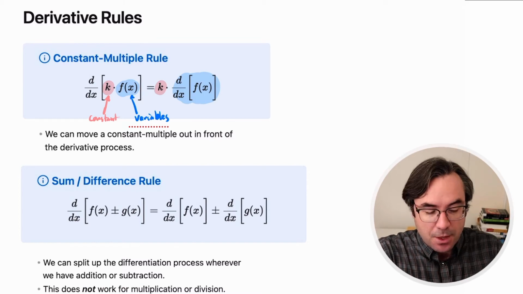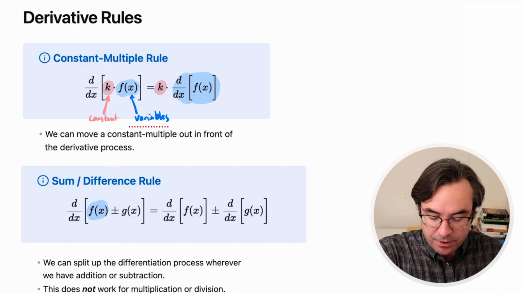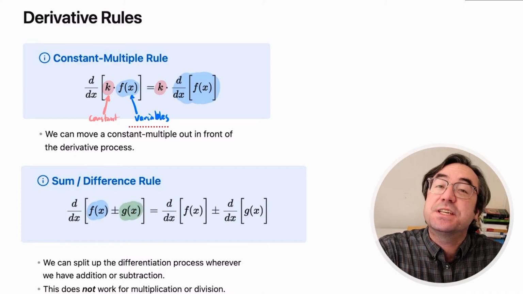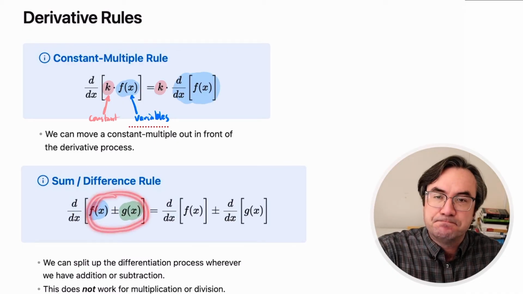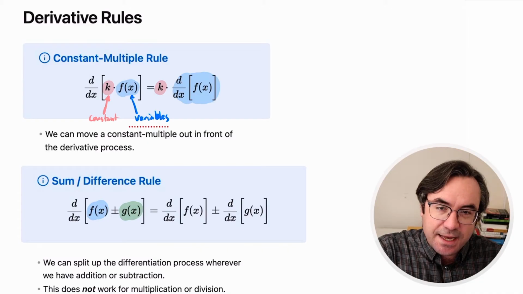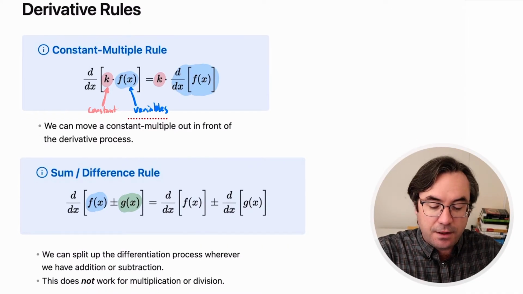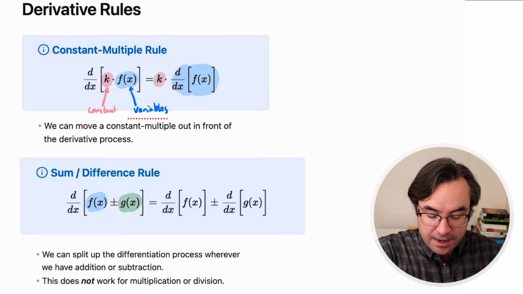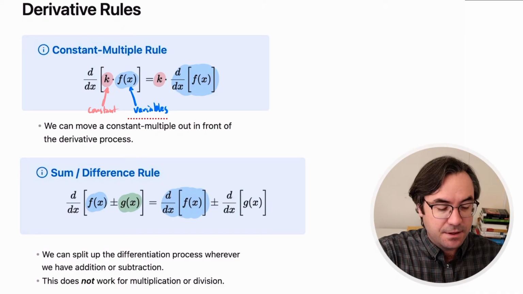So what do we have? We've got one variable piece, f of x, and we're either adding or subtracting a second variable piece, g of x. And we want to differentiate that whole thing. What this rule says is rather than trying to do the whole thing all at once, we can first focus on the first variable piece and get the derivative of that.